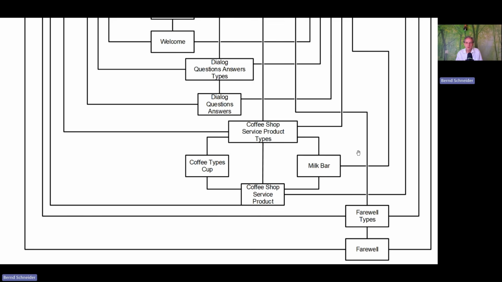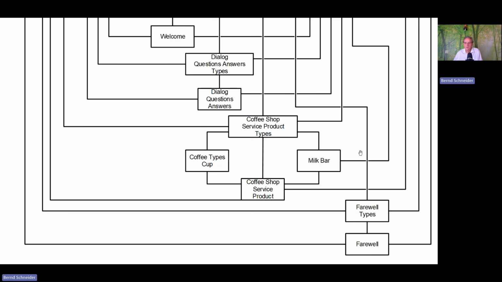And then we have coffee shop service product and coffee shop service product types. And then we have coffee types, cup and milk bar. And at the end, we have farewell types and farewell until the client leaves the coffee shop and is happy for the day with his coffee.